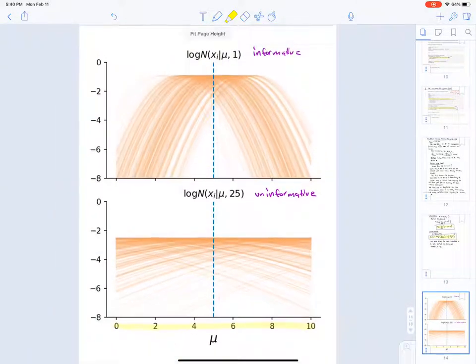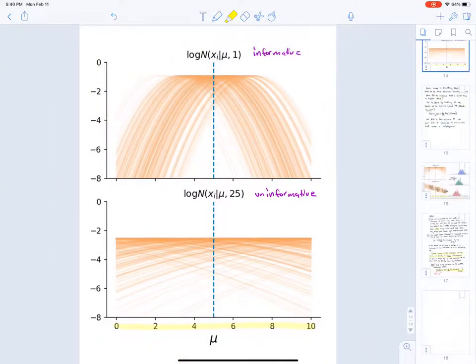In the top one, you can see that the peak of the arch is somewhere between, let's say, 3 and 7, whereas for the bottom one, it's in a much wider range. So the data in the first one is much more informative for finding the true parameter, because we have a much smaller range of values to check.